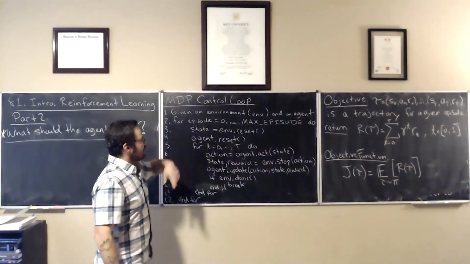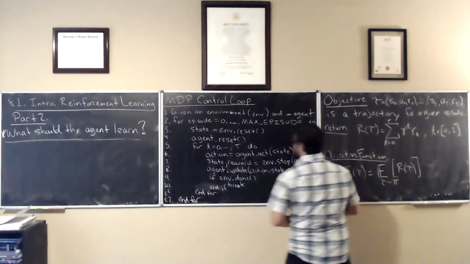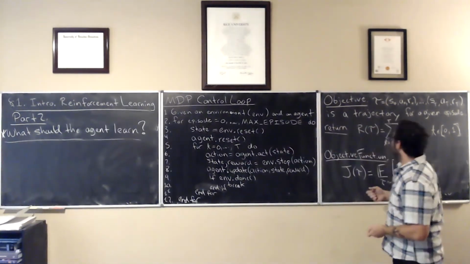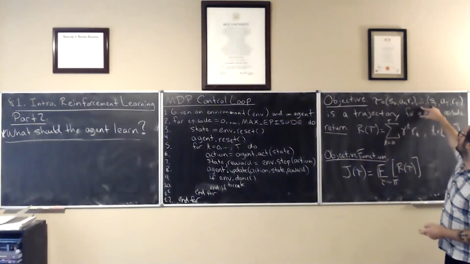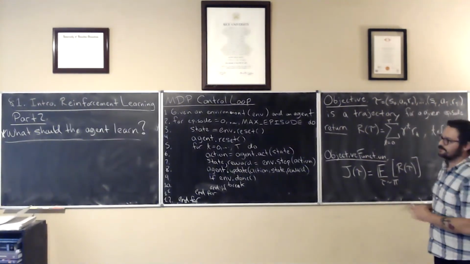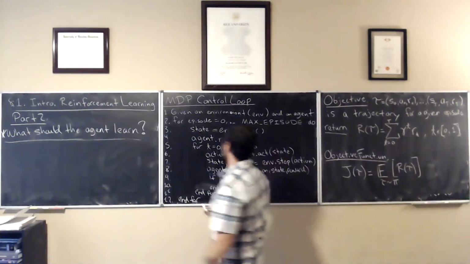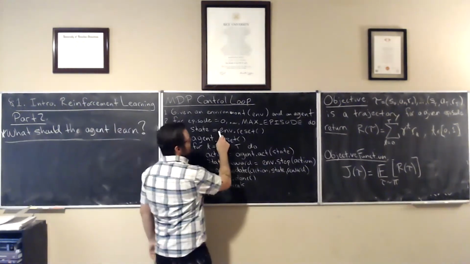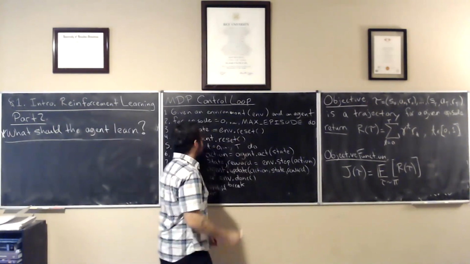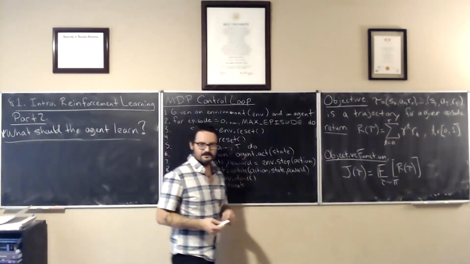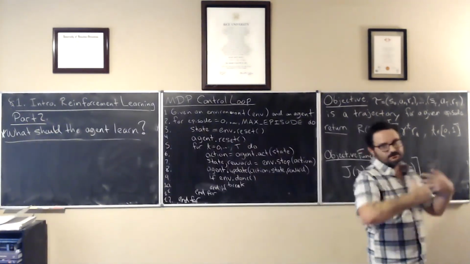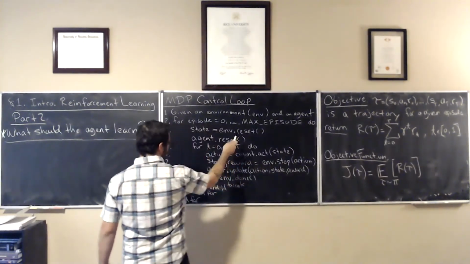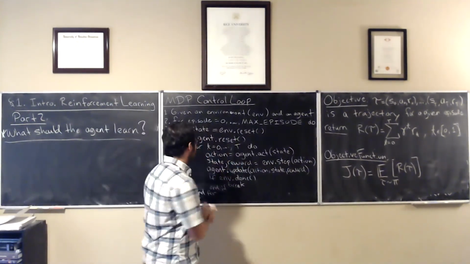So for each episode, an episode again being a sequence of experiences, we're going to start the state over. So the environment, we're going to reset it. We're going to reset the agent, and then we're going to begin play. The maximum amount of time we're going to allow is capital T, as before.